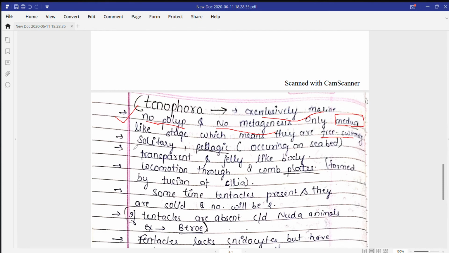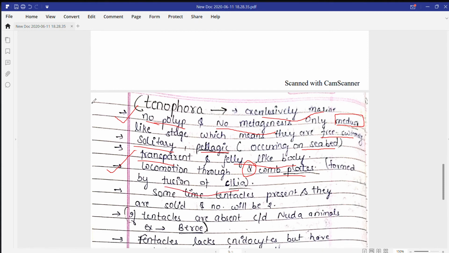They are found solitary or individually, and pelagic. They are transparent and have a jelly-like body. Locomotion occurs through the comb plates, and they have 8 comb plates. This is very important: the comb plates are formed by the fusion of cilia.